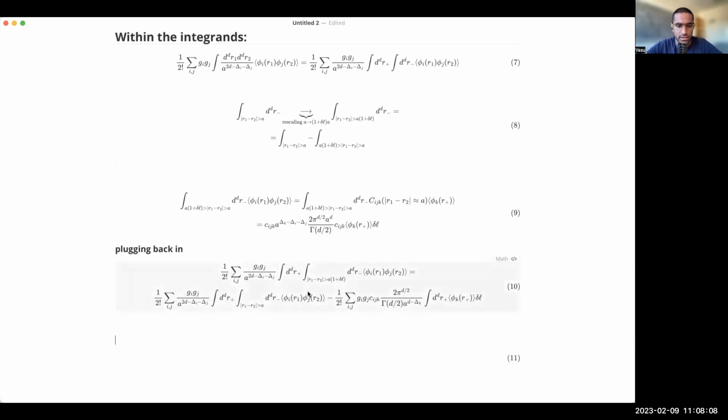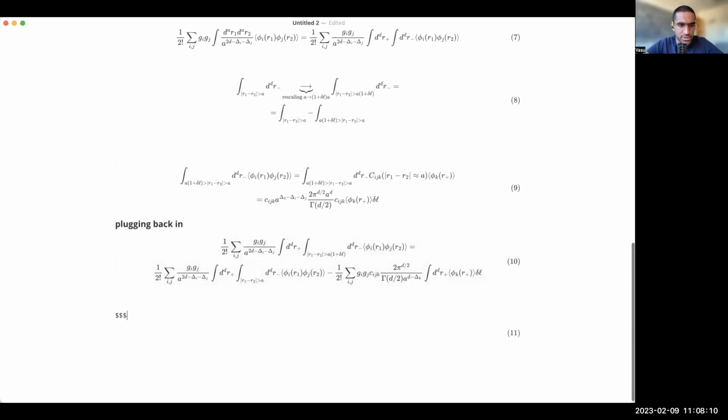So in our partition, the contribution this yields, right? So the contribution to scaling is the following.